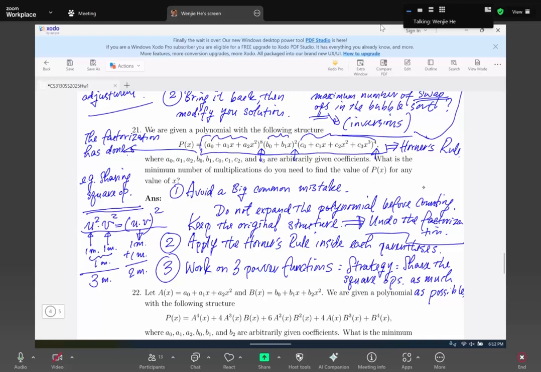So let me go back to our part B, the second topic in part B of module 3.